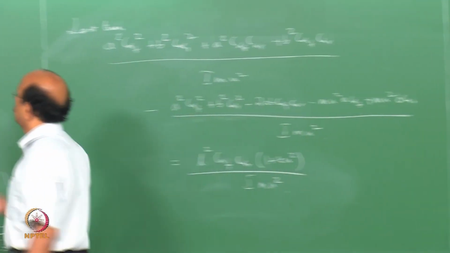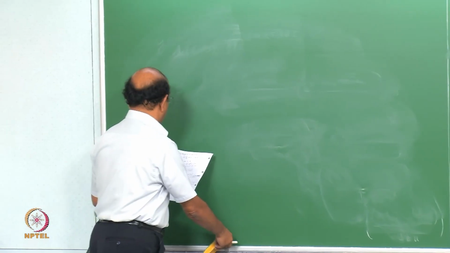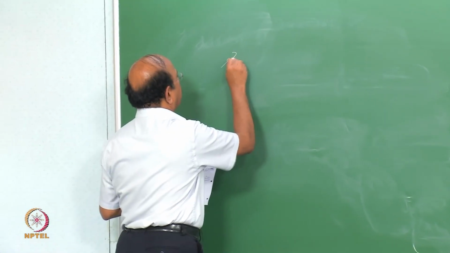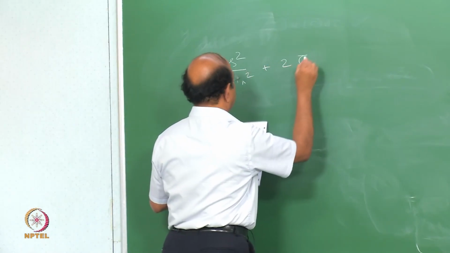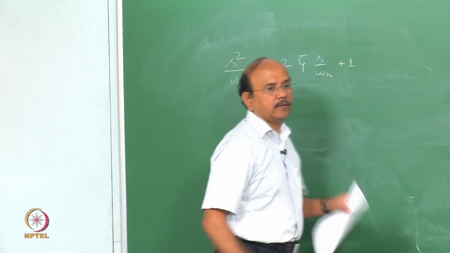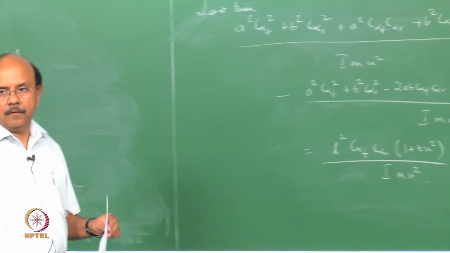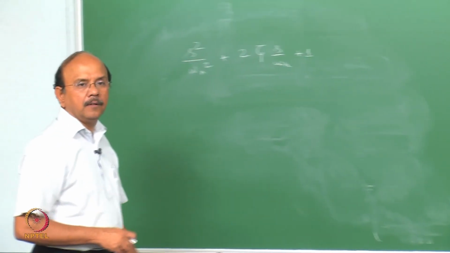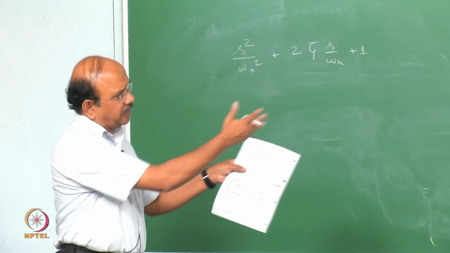I'm just going to write the final result because I want to quickly get into the interpretation part, so that I can write this down as s squared by omega n squared plus 2 zeta s by omega n plus 1, okay, in this form. Write that last term in this form, right? From which, when I rewrite that, anyway, that's equal to 0.